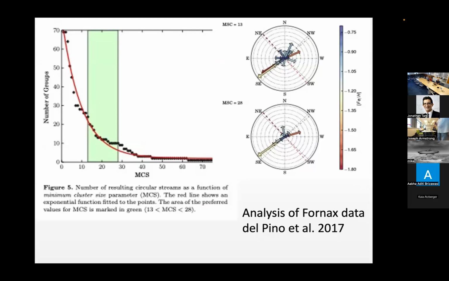And if you look, you see the exponential decrease of false positives. They also found that. And you see the black data points, and here is the sweet spot where the real detections stick out.